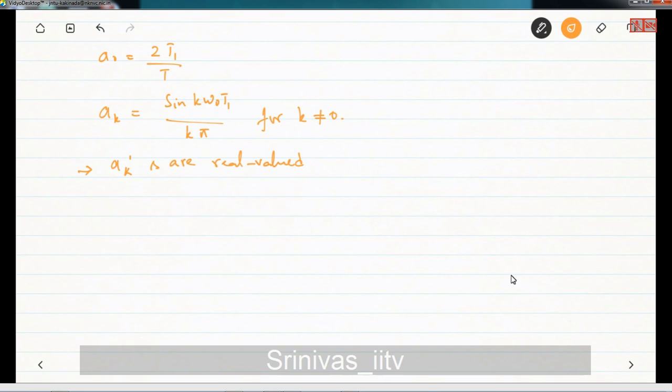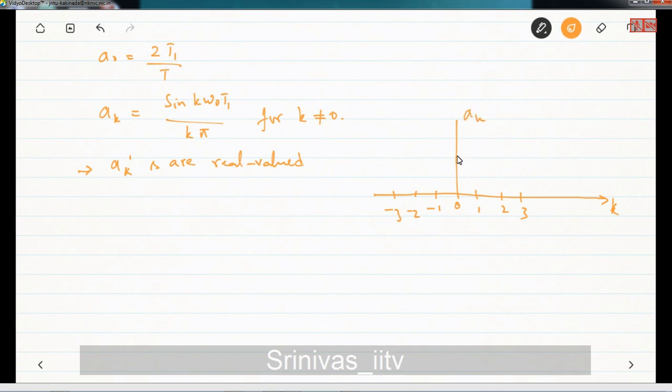Let me show this. So this will be something like this. On the x-axis you have k: 0, 1, 2, 3, and so on, and minus 1, minus 2, minus 3, and so on. These are AK values.